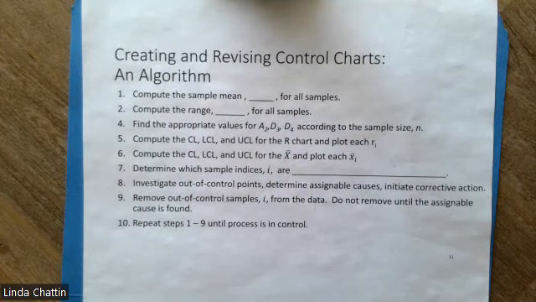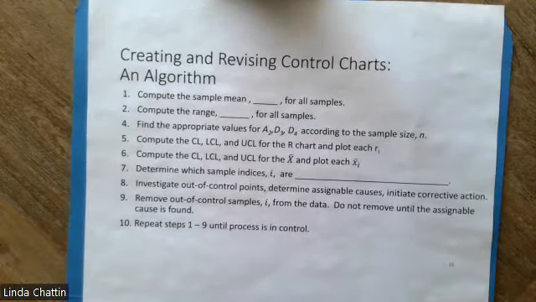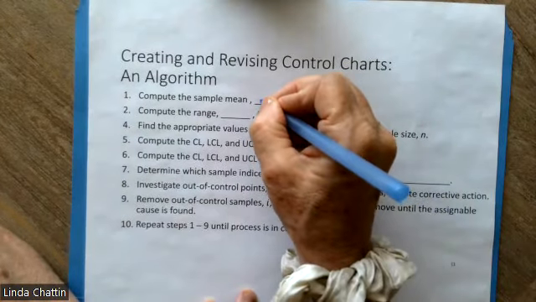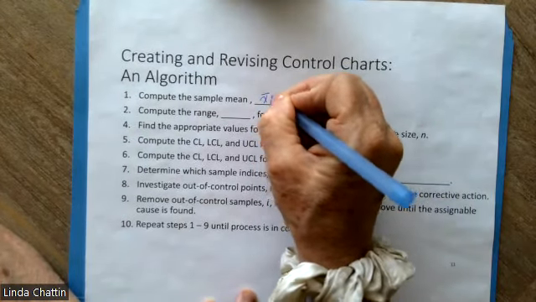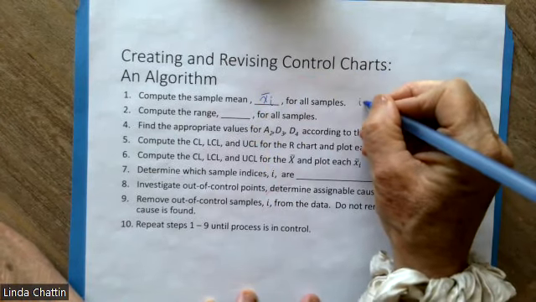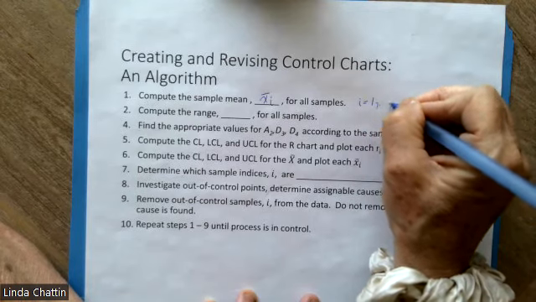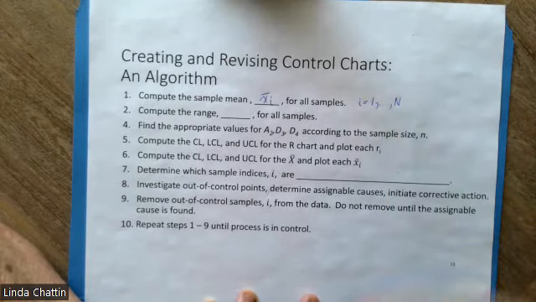So first you would compute the sample mean, x i bar, for all samples, with i going from 1 up to capital N, the number of samples.